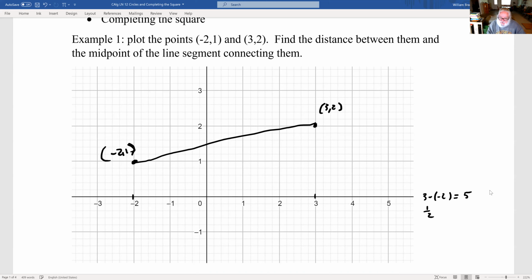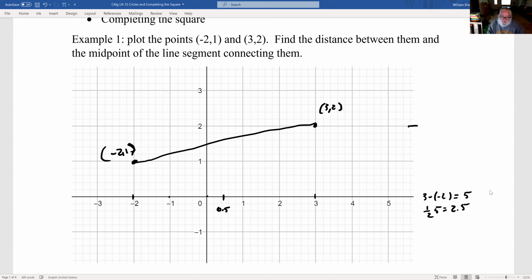Halfway between would mean 2.5 units. So if we start at -2 and go 2.5 units, 0.5, that's our midpoint. X coordinate of the midpoint.